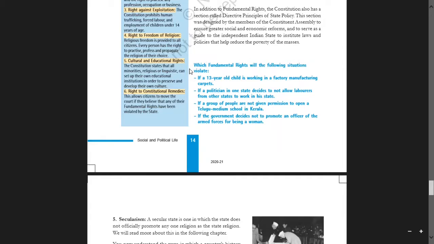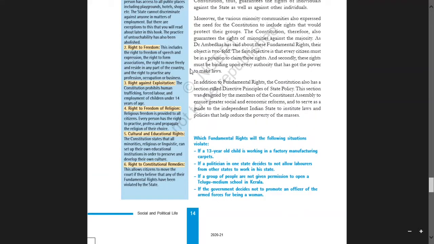So, in addition to fundamental rights, the Constitution also has a section called Directive Principles of State Policy for the citizens of our country. Apart from fundamental rights, the Constitution has given some directive principles, directions also here.